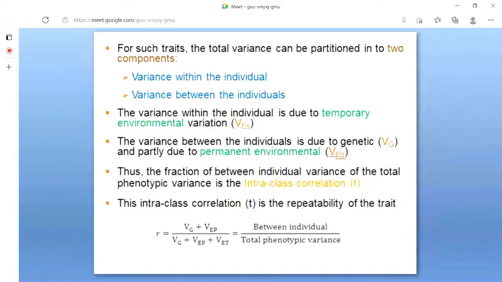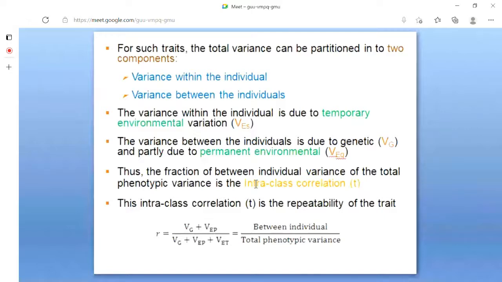Say one sow is having some problem and the other is not having any problem. So that may also cause a difference. So between the individuals, it is due to the genetic as well as the permanent environmental variation, whereas within the individual, it is surely due to the temporary environmental variations.